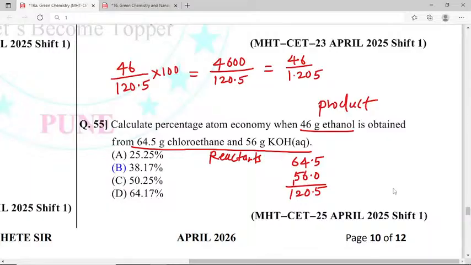The answer is between 35 and 40. If you divide 46 by 1.2, we will get 38 something. Or if you divide 460 by 12, it will also give the answer, because the 0.05 is neglected.